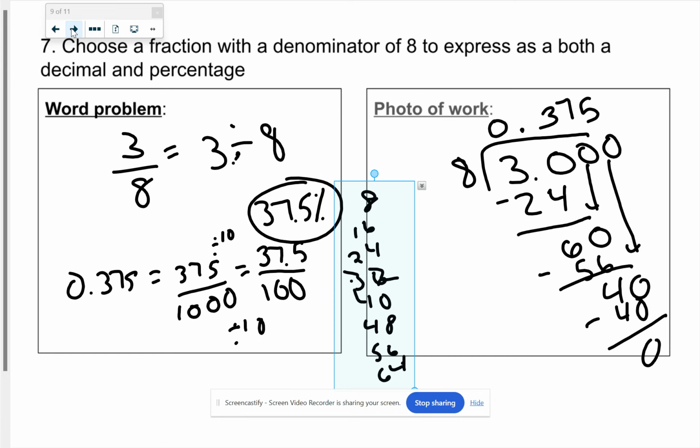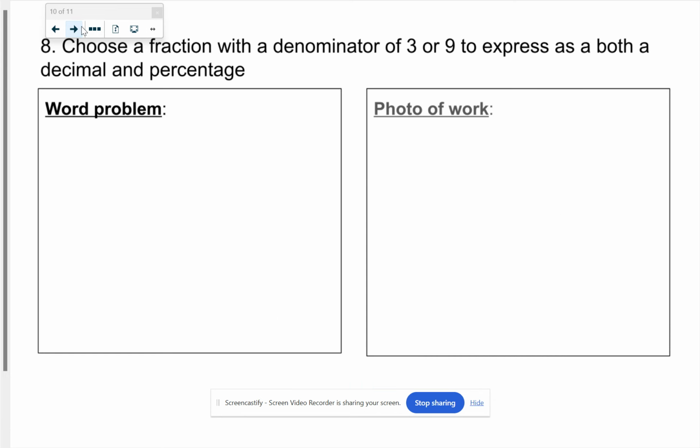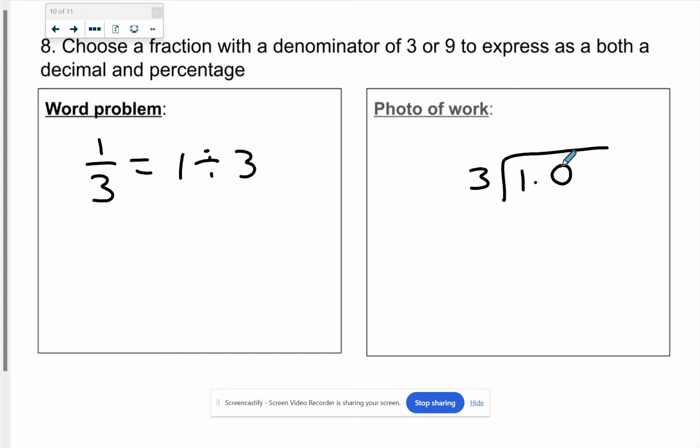All right, last one. Choose a fraction with a denominator of 3 or 9. Let's do 3. All right, I'm going to do 1/3. And so that is really saying 1 divided by 3. 1 on the inside, 3 on the outside. 3 fits into 10 3 times. Remember, because we have to add our decimal point and a 0 because 3 doesn't fit into 1. 3 times 3 is 9. Subtract, you get 1. Bring down a 0. 3 fits into 10 again 3 times. 3 times 3 is 9.